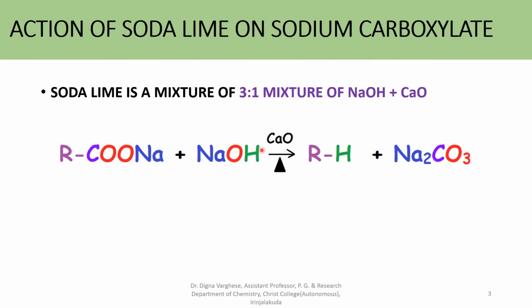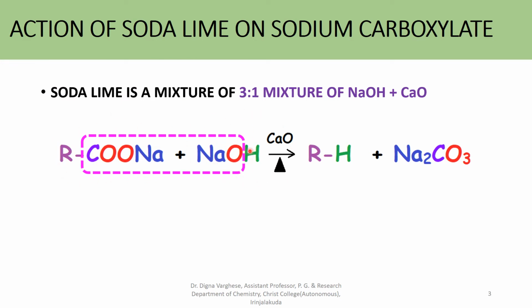So the sodium carboxylate is fused with soda lime to form an alkane which has one carbon atom less than the parent carboxylic acid. Here you can see the sodium carboxylate fused with the soda lime.